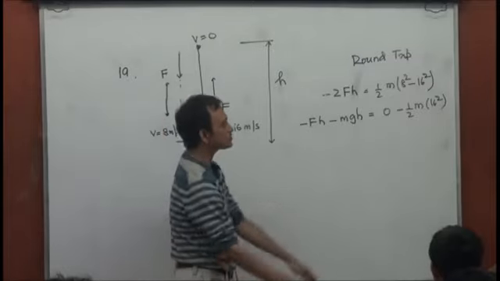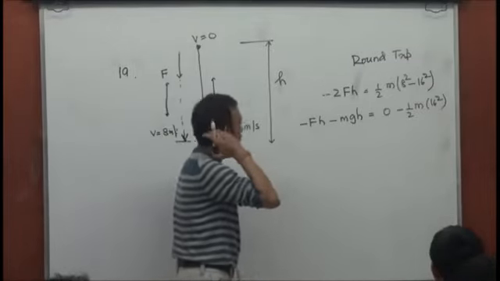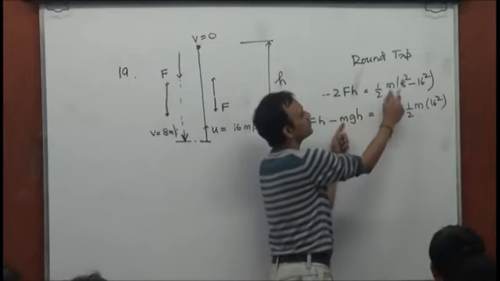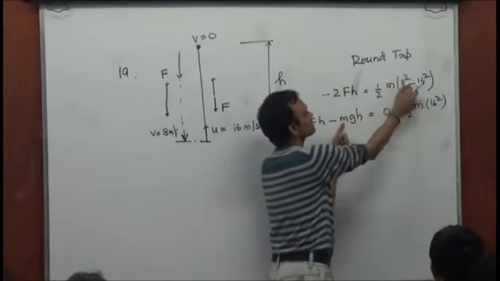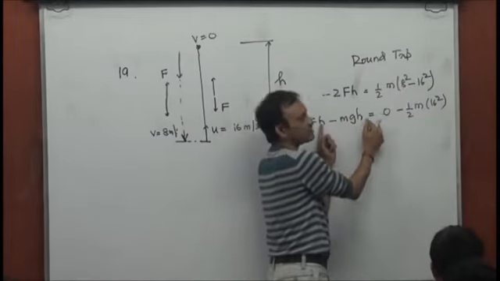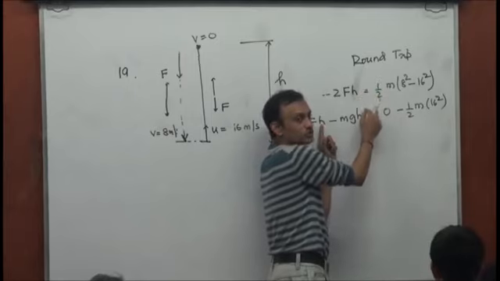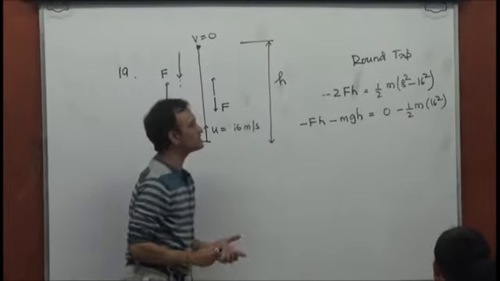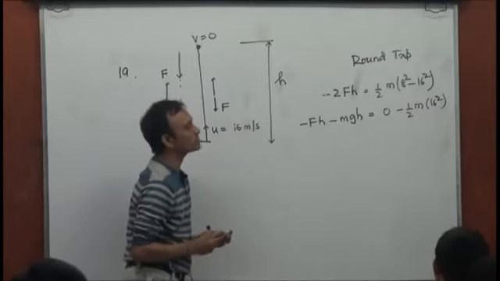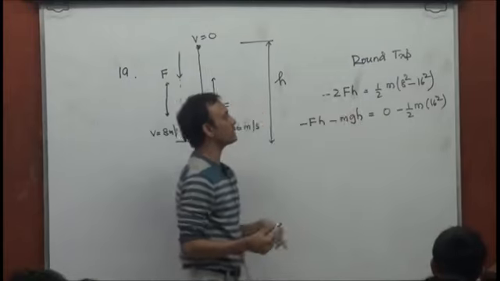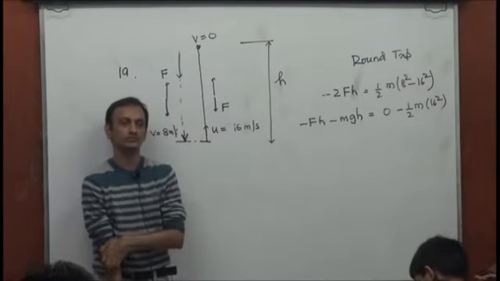So the rest is pretty simple, because you can replace this m by this, and you can solve for h, the maximum height. From these two equations you can solve for h, the maximum height. You just need to eliminate m from these two equations, and you could transpose and then divide, and so forth.